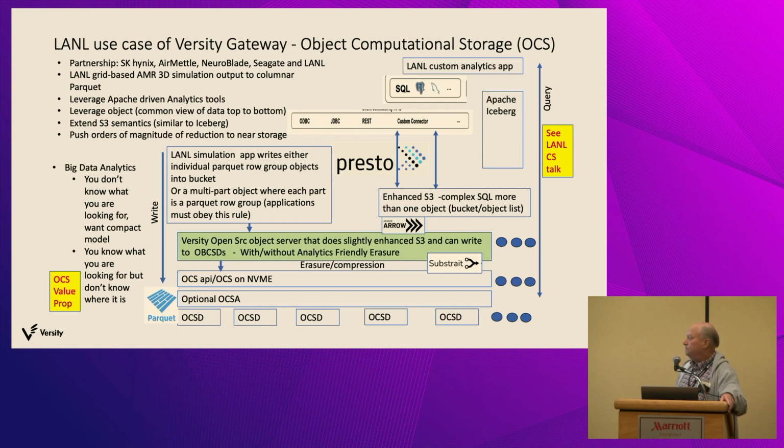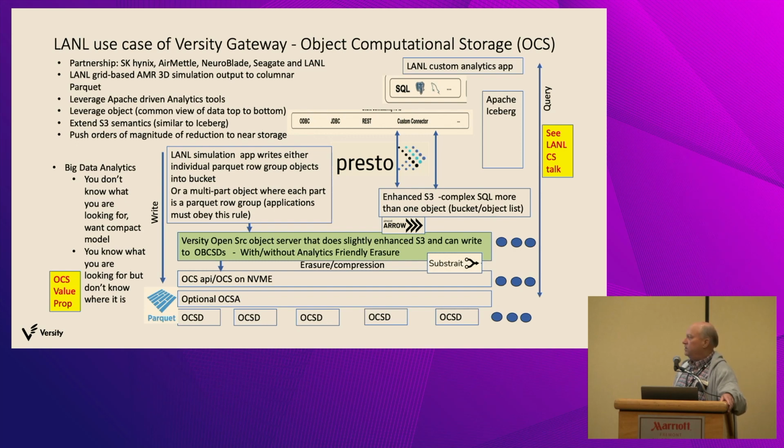And so anyway, we said, okay, fine, let's write out a whole bunch of objects and push them down to object storage devices, and then teach the device how to do simple queries for reduction.